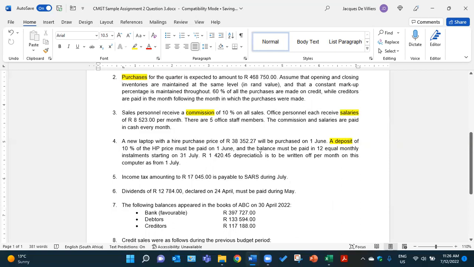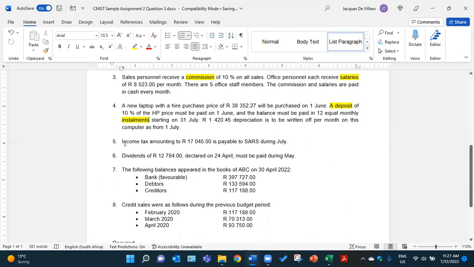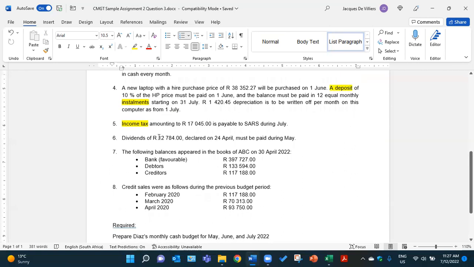And the balance, the other 90%, in other words, must be paid in 12 equal monthly installments starting on 31 July. So we have a deposit, and then we are going to have another item there that talks about installments. There's income tax that is due, and it amounts to 17,045 Rand. That will be paid during July.